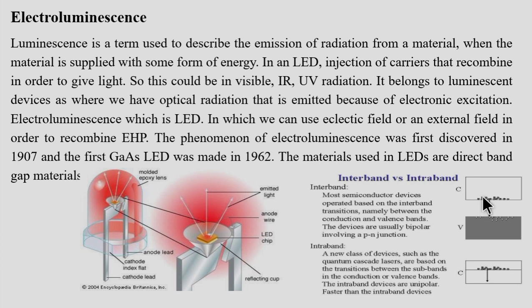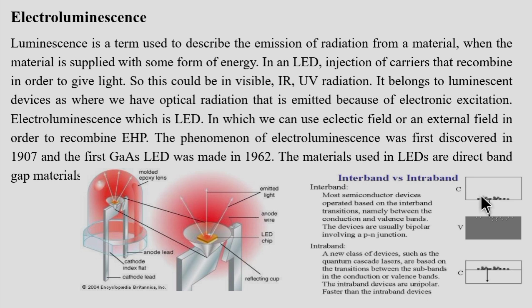And also we have electron and hole deep, which means here the electron is at a deep level, and here the hole is at a deep level. The transition from the conduction band to the valence band, at the edge of the valence band and conduction band, is considered an interband transition.